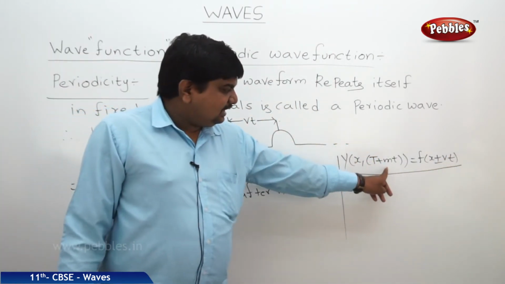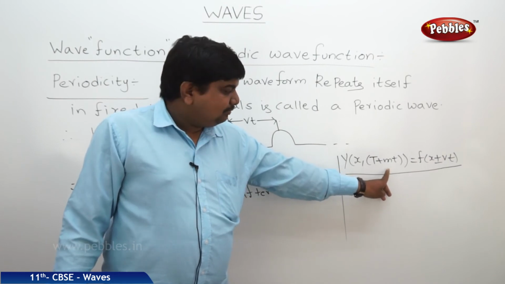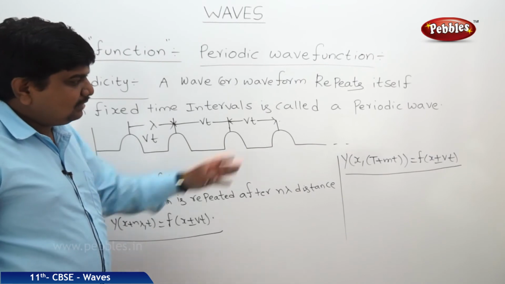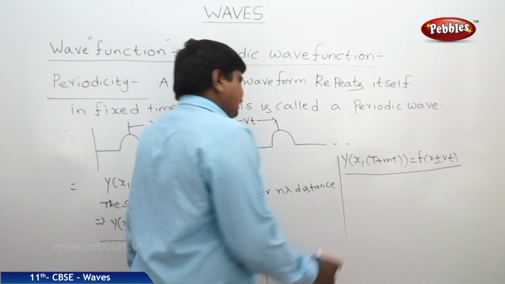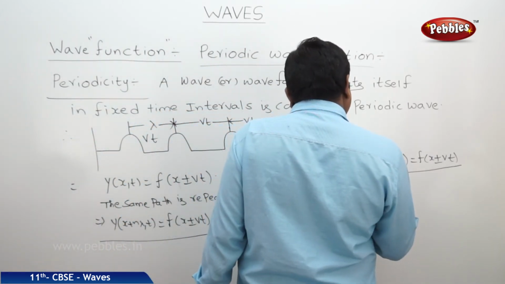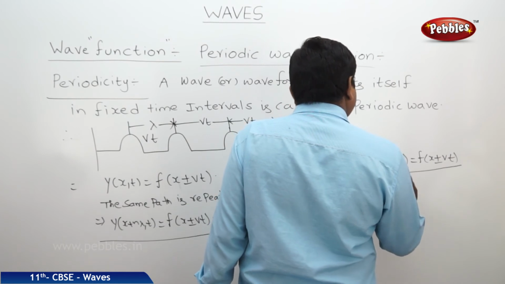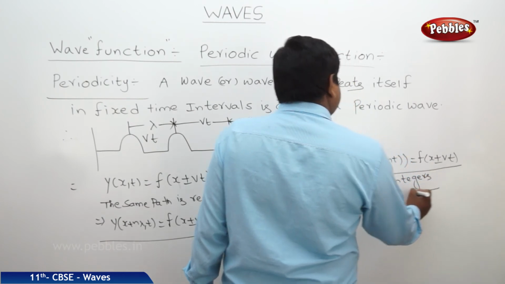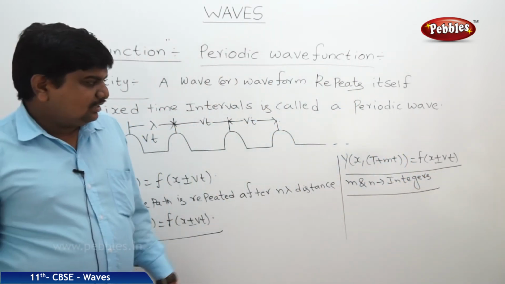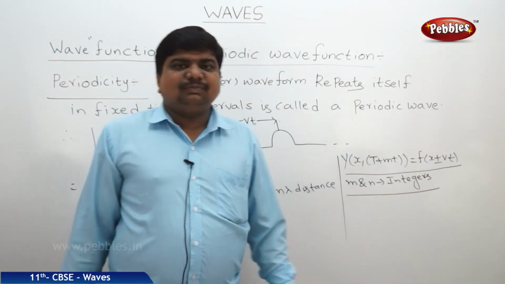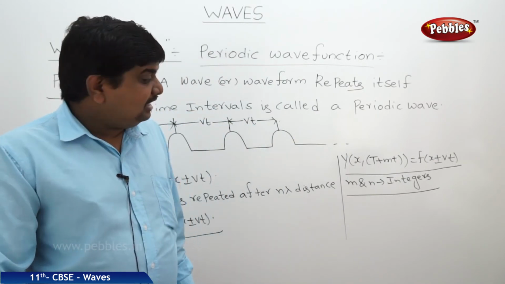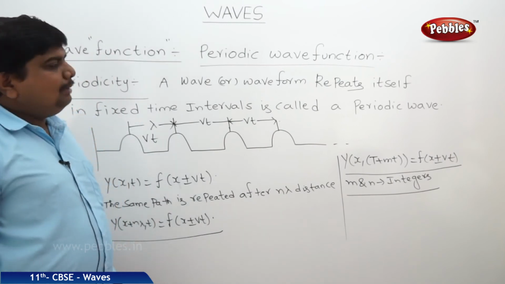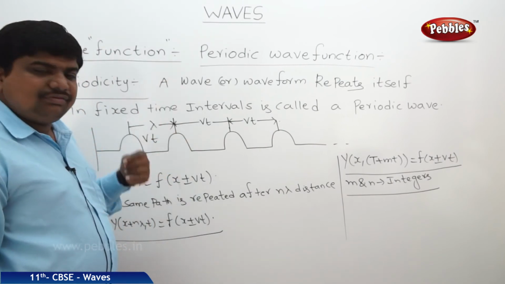So here t was also changed. Because of the change in time and the change in position with the factor of lambda and mt, where m and n are integers, the function will be f of x plus or minus omega vt or omega t. So like this we can define the periodic wave functions in the case of sound waves.